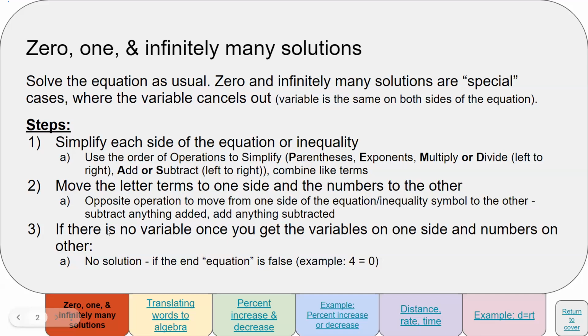It is a no solution problem if you end up with something that is blatantly false, like 4 equals 0, 7 equals 2, those types of things. You've got something that does not equal, then there is no solution. You ended up with a false answer.